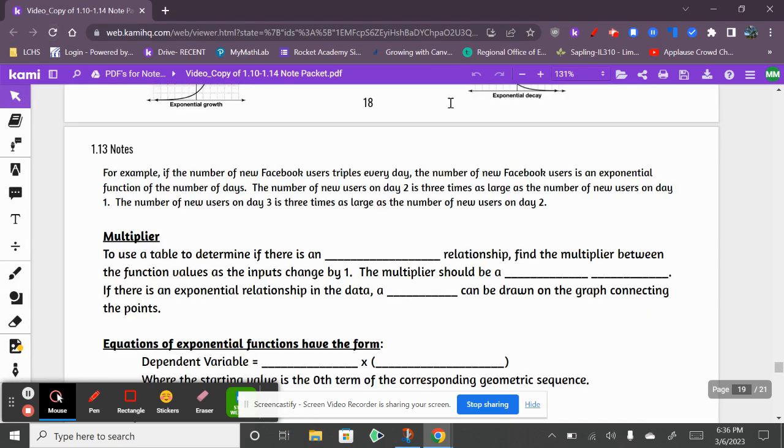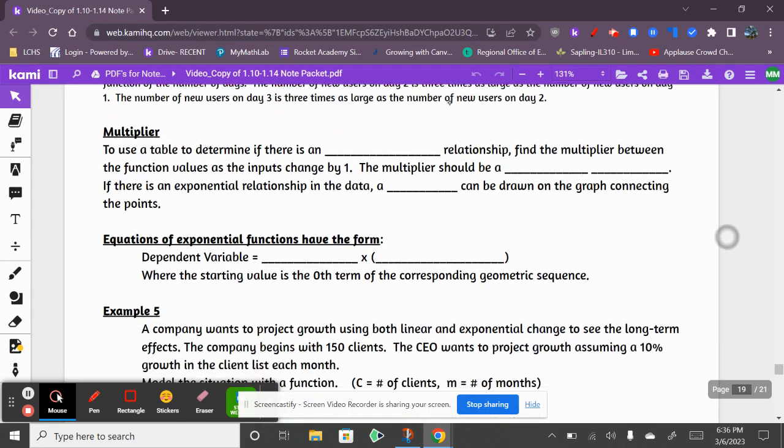So for example, if the number of new Facebook users triples every day, the number of new Facebook users is an exponential function of the number of days. The number of new users on day 2 is 3 times as large as the number of new users on day 1. The number of new users on day 3 is 3 times as large as the number of users on day 2.